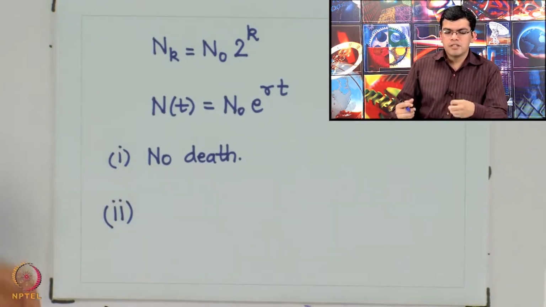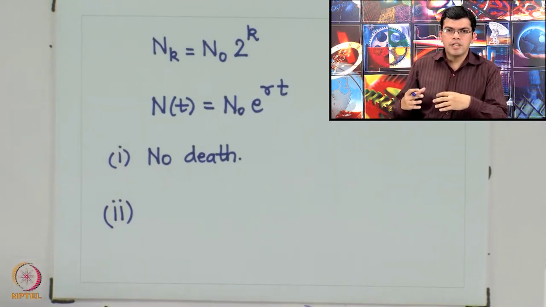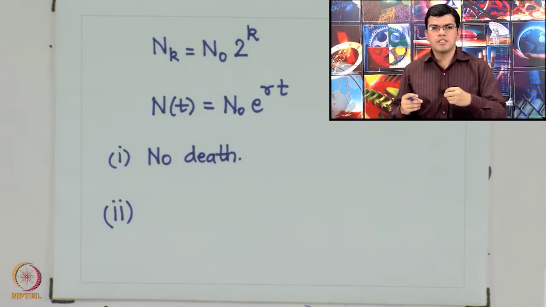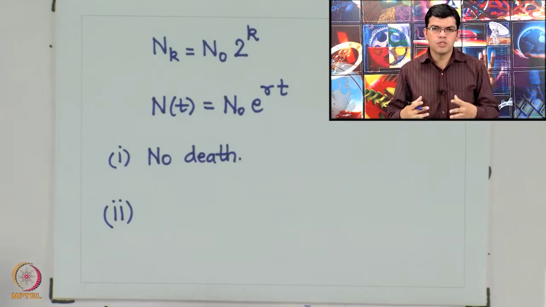In real environments, constraints are very likely to set in very fast, and competition for resources would mean that resource availability becomes a constraint and bacterial growth slows down because there are just not enough resources to support growth for every single bacterium.